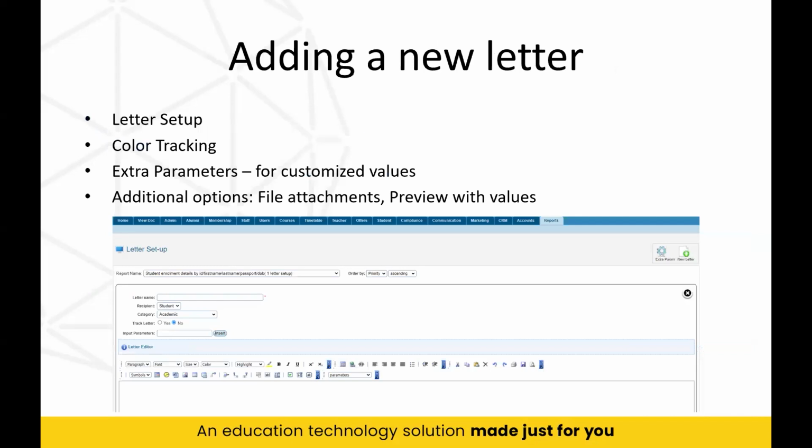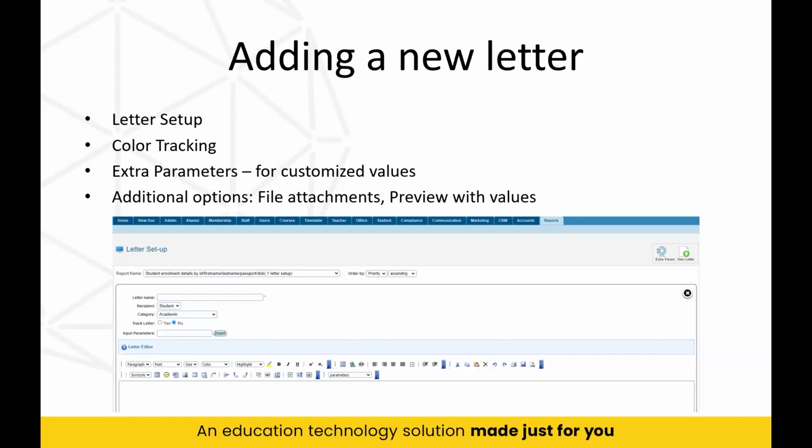So how to add a new letter in our system. Like I said before, if you go to the report section and go to the add new letter page, you will land on this letter setup page. There is a drop-down called report name, and in the report name, you will find all those reports for which you can set up letters.